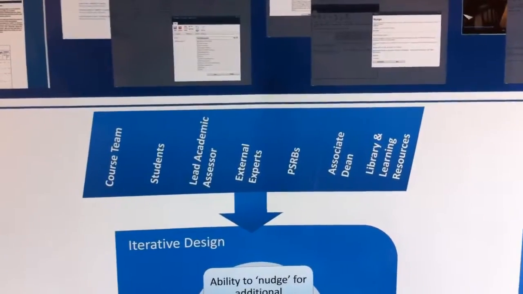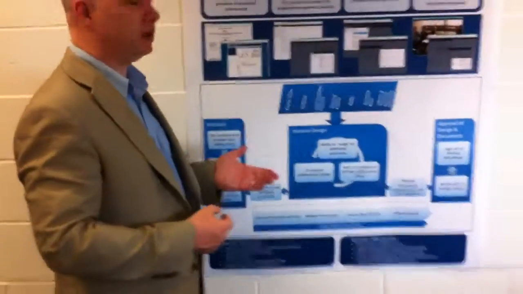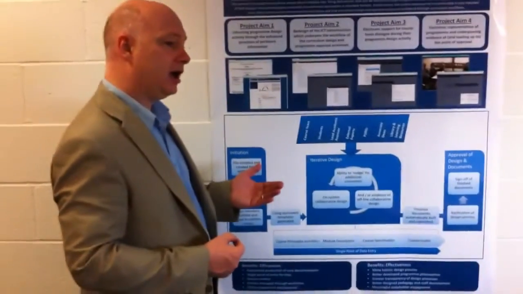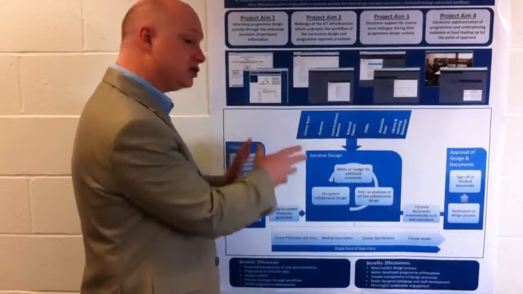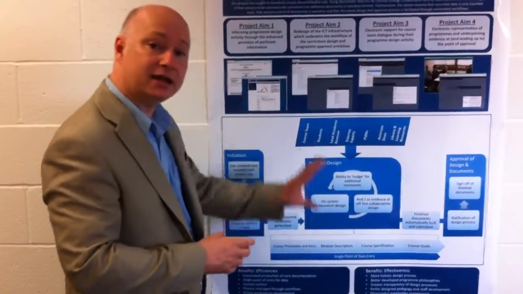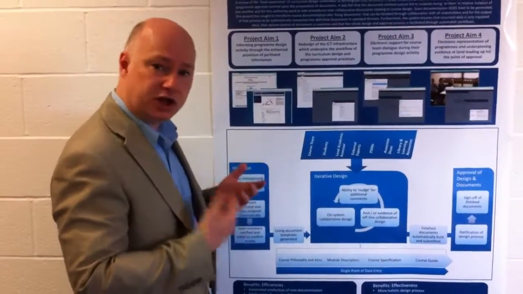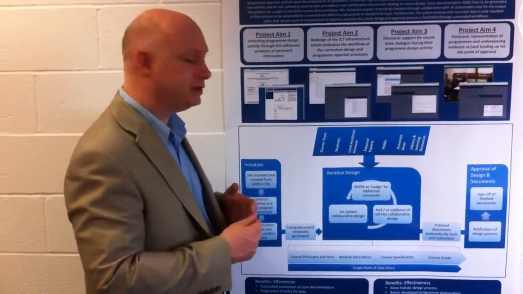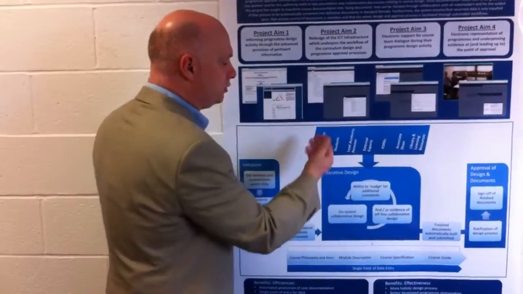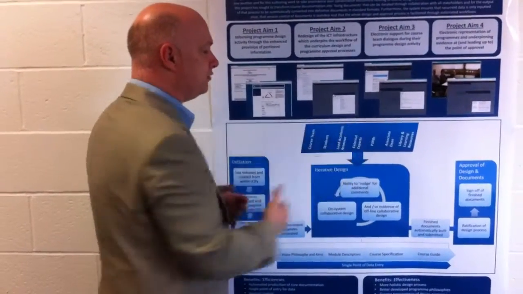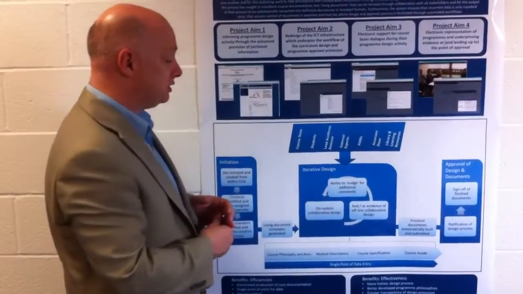If you think about external experts, who we see making an appearance at the approval panel, here they can actually have some input in the design stage and begin to offer all of those positive comments and suggestions much earlier in the design process. So this iterative design benefits from having all of these stakeholders, students, external experts, professional bodies and so forth, library and learning resources, input into the design.